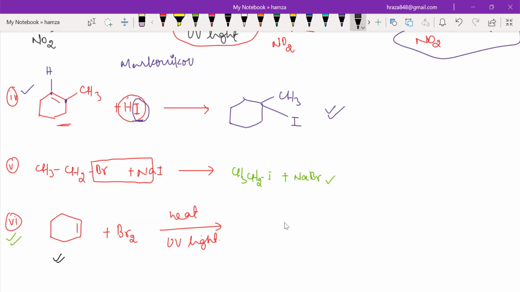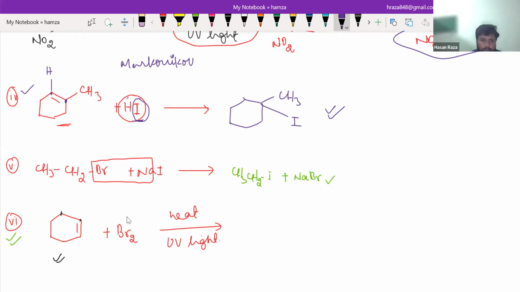Which one will it be, this or this? This. Please name the compound. Two comma 4 bromo... No. See, it will not be cyclohexane because this is halogenation.